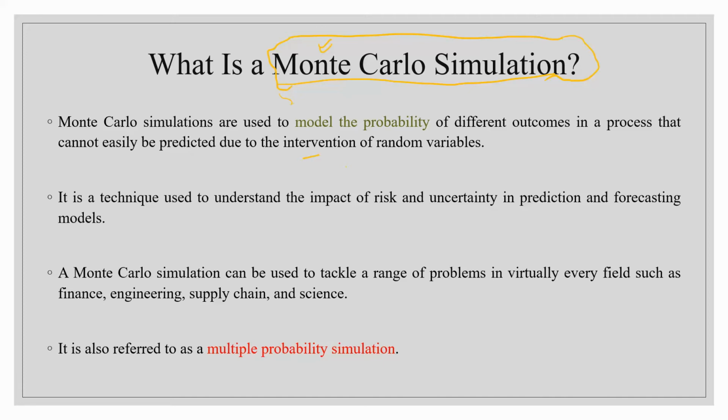These are simulations used to model the probability of different outcomes in a process that cannot be easily predicted due to the intervention of random variables. It is mainly a technique used to understand the impact of risk and uncertainty in prediction and forecasting models.